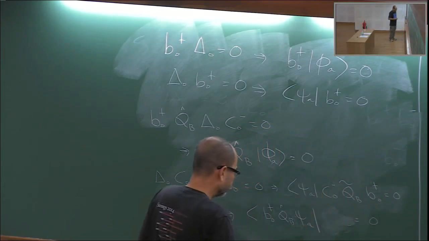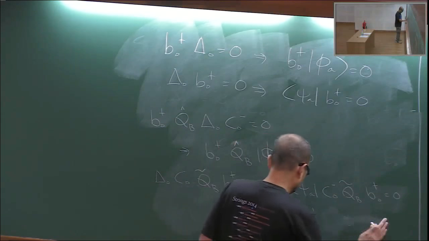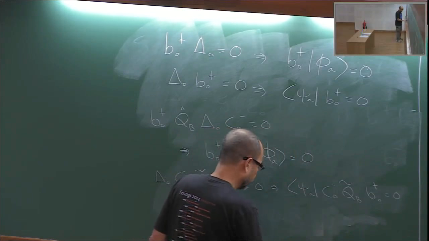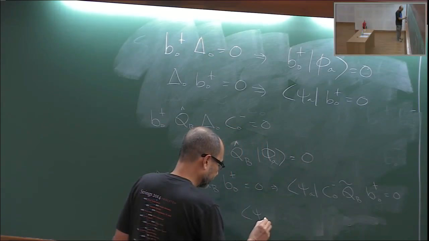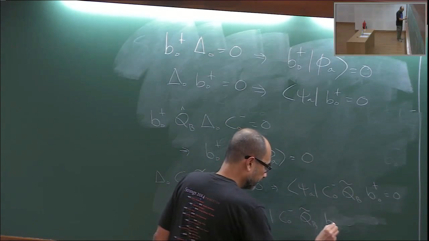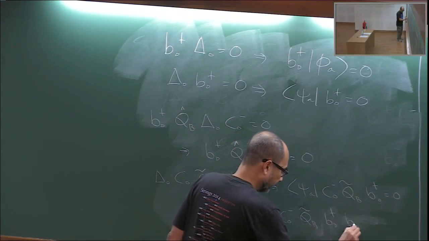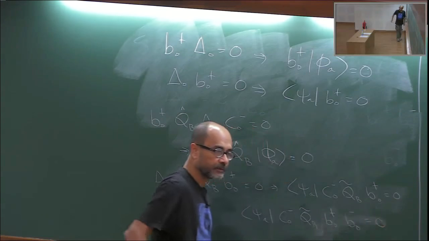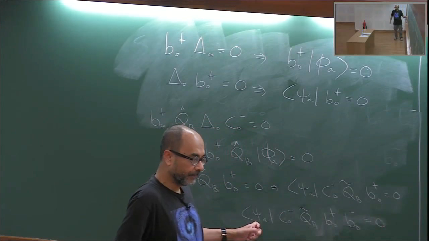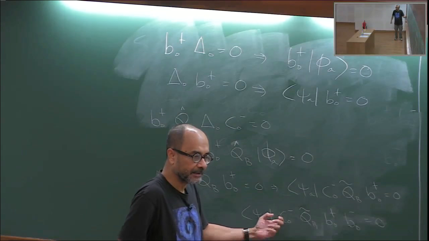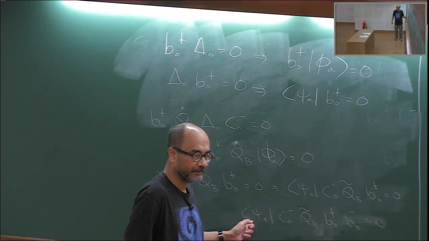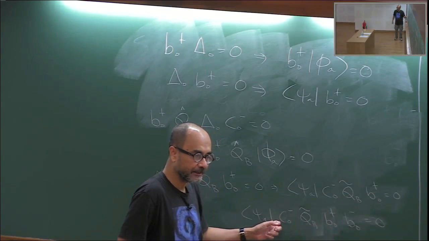So the relation is, let me write this: you can write this as psi A C0 minus QB tilde B0 plus B0 minus equal to 0. And now the point is that because B0 minus kills this, you have to make sure that there is somewhere a C0 minus in between which protects you from B0 minus passing through this and hitting the psi.